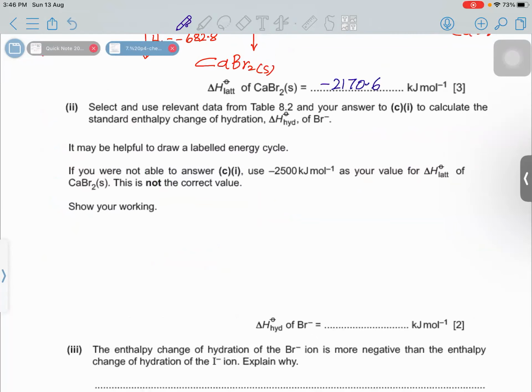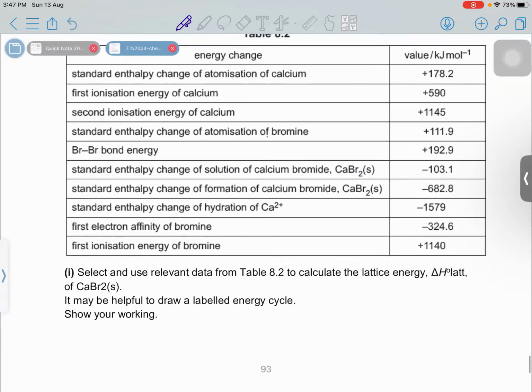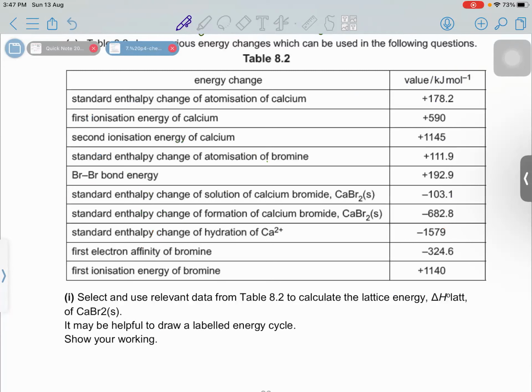Now look at question number 2, second part. Calculate the enthalpy change of hydration. Hydration is required. Lattice energy is given. Now check whether hydration is given in the question.